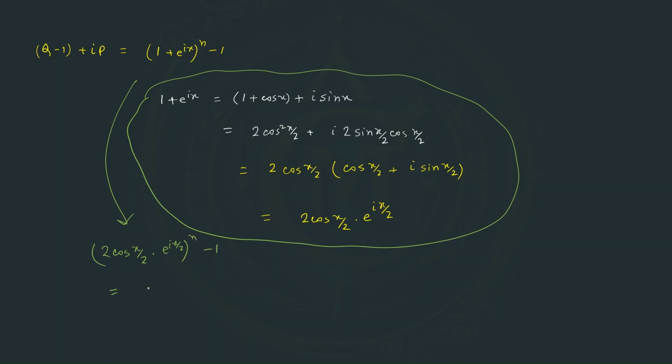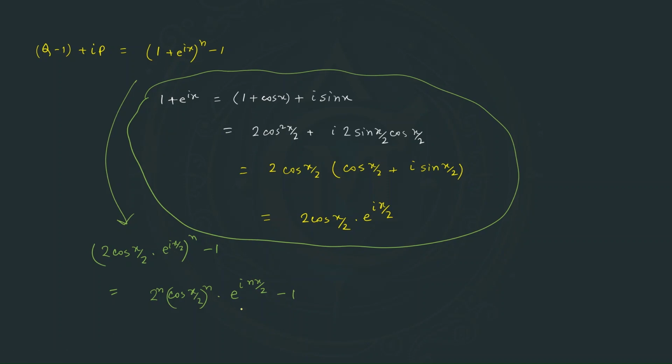That means it will become 2 to the power n, then cos x by 2 whole to the power n times e to the power iota n x by 2 minus 1.